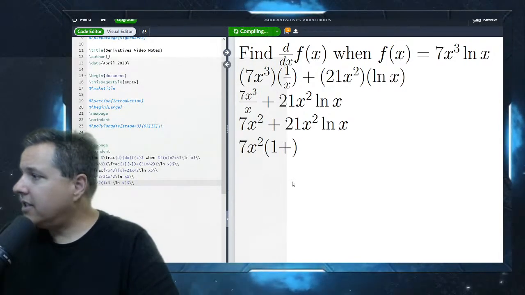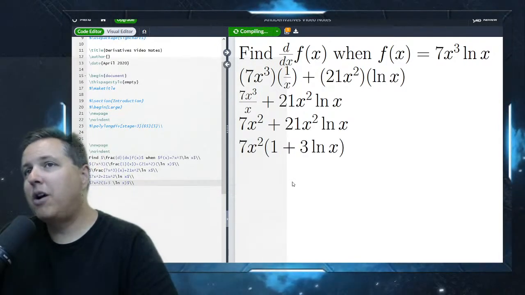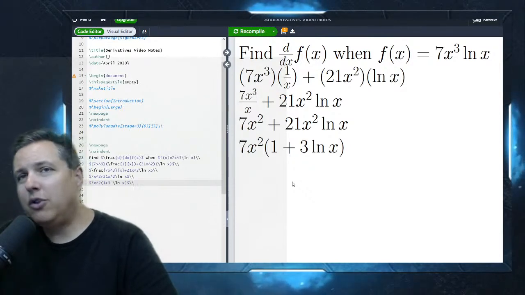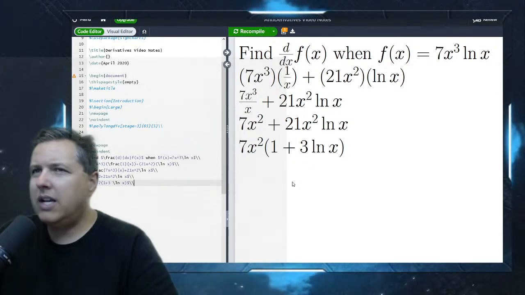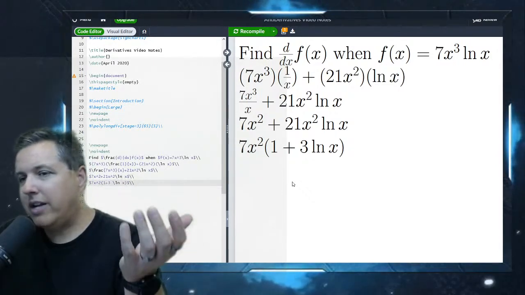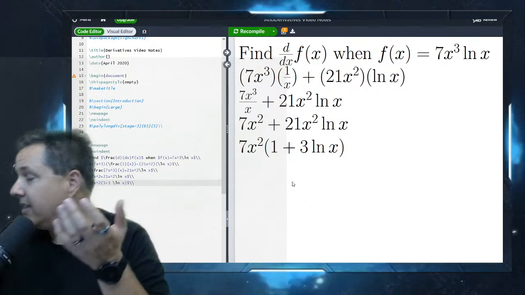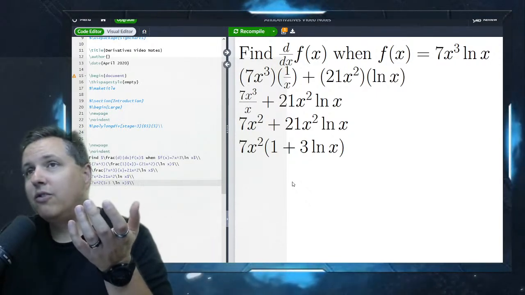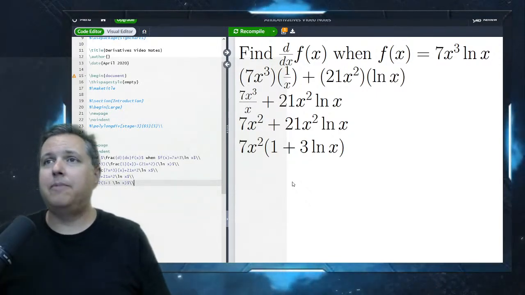So when you see this, if you look at that last line and you're like, wait, what? I got the line before it. How did they get that one? It's just that they're factoring out the greatest common factor, which in this case is 7x squared. So they're factoring that thing out, okay?